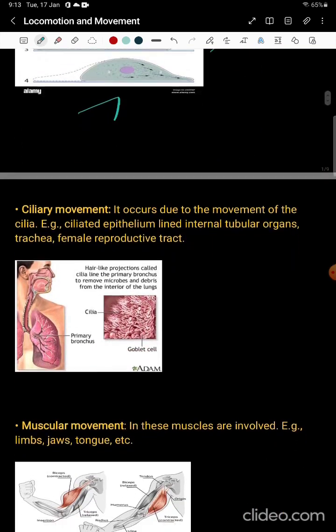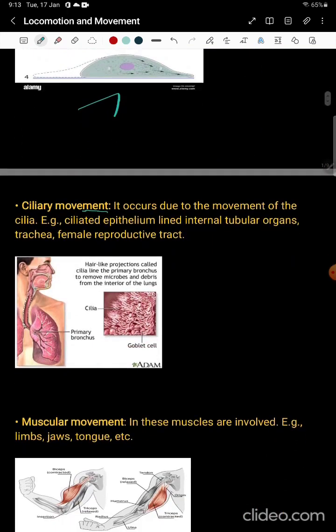Now the next one is ciliary movement. You already know ciliary movement. For example, I have told you about the ciliated epithelium present in the nose, inside the nostrils. It is used for filtering the unwanted dust particles and other pathogens. This is the ciliated epithelium. Now can you understand what ciliary movement is?